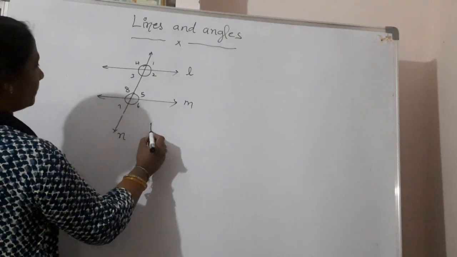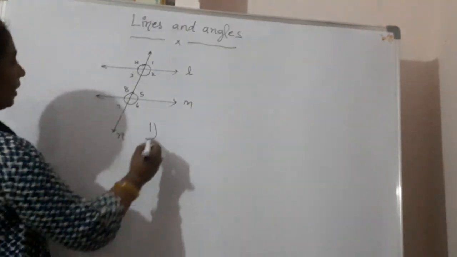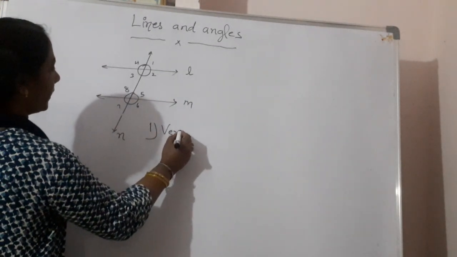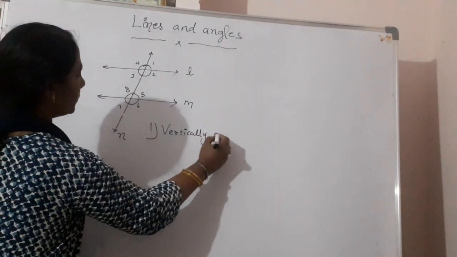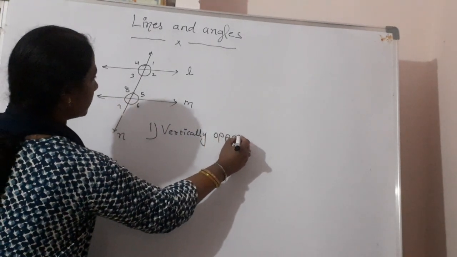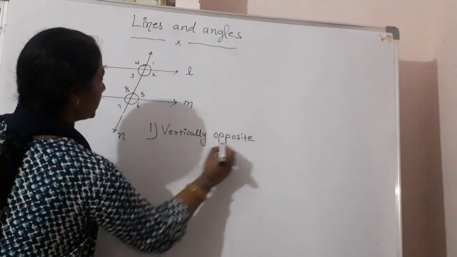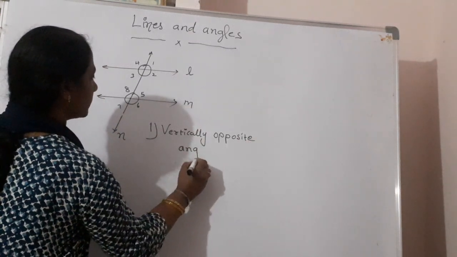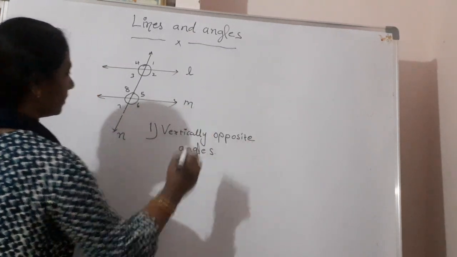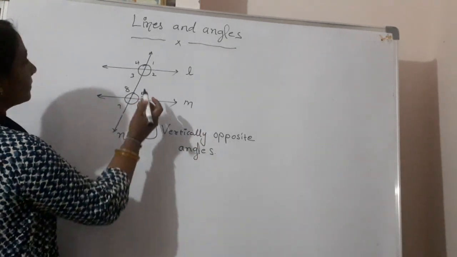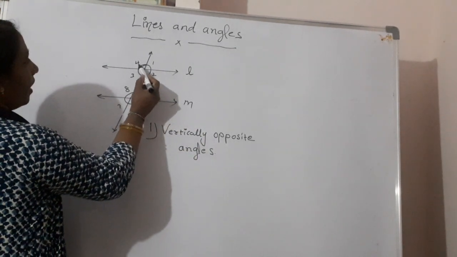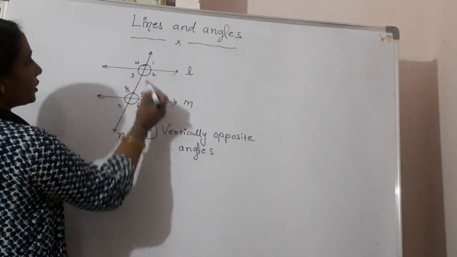First, vertically opposite angles. Vertically opposite angles are exactly opposite to each other.